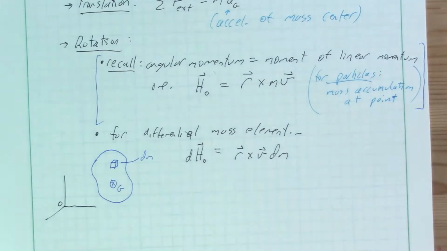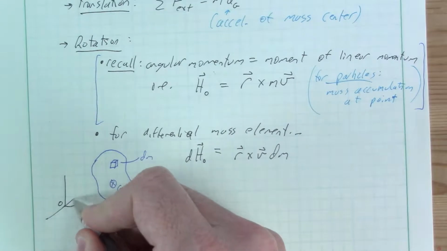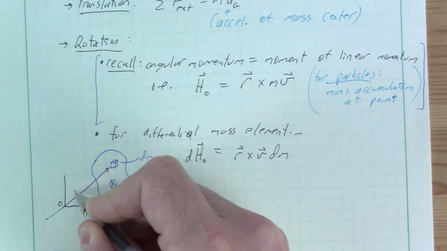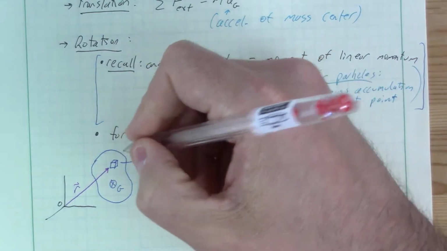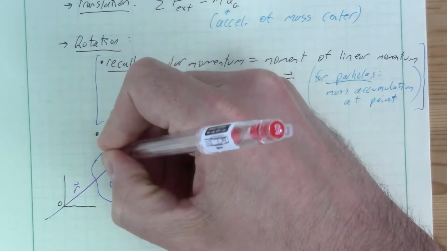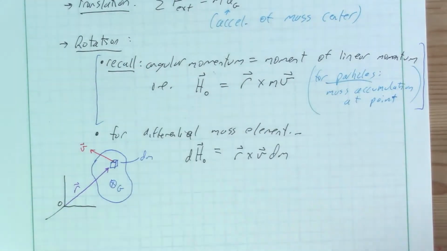Then we can define our position vectors. The position vector from the origin to dm is r. That little dm could have a velocity v, and I don't know what that is, it could be anything, so I'm just making this up as we go.